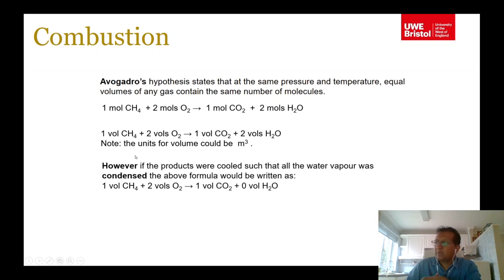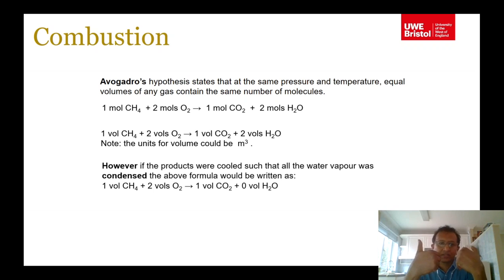So in the above equation, you have 1 mole of CH4 plus 2 moles of O2 producing 1 mole of CO2 plus 2 moles of H2O. But when we do combustion experiments, we condense the water and take it out, and compared to the volume of air, the volume of water is really negligible.